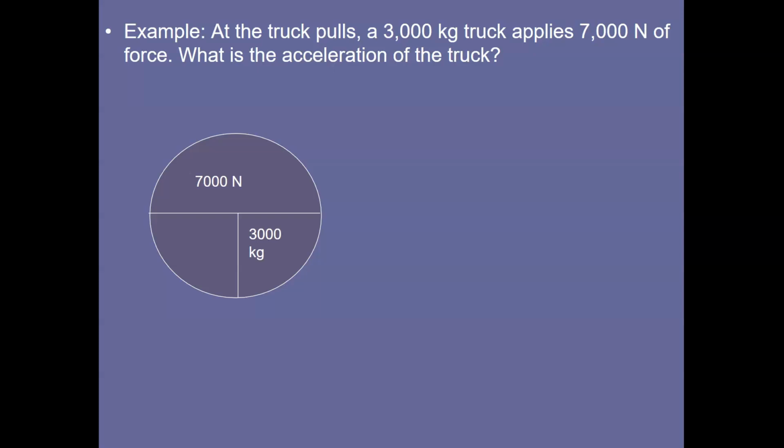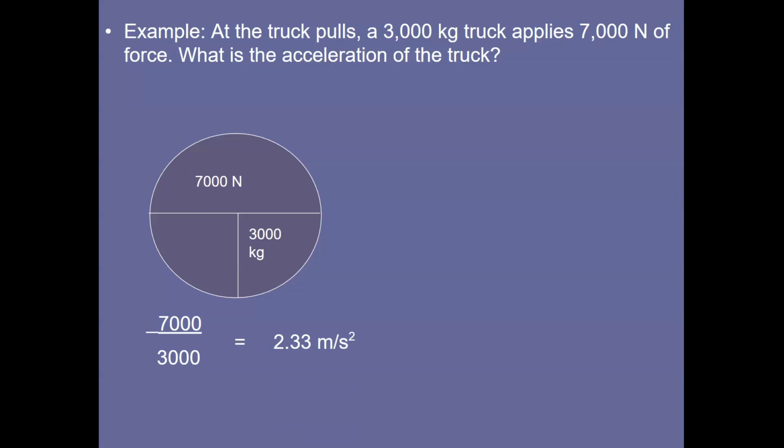In order to calculate the acceleration here, I am simply going to take my 7,000 newtons, and I'm going to divide it by, that's what this line represents here, divide it by 3,000 kilograms. And that's how I'm going to calculate my acceleration. So when I do that, I end up with 2.33 meters per second squared.